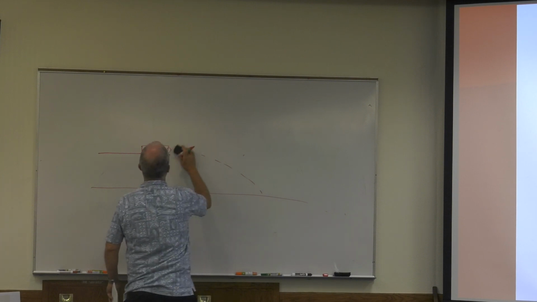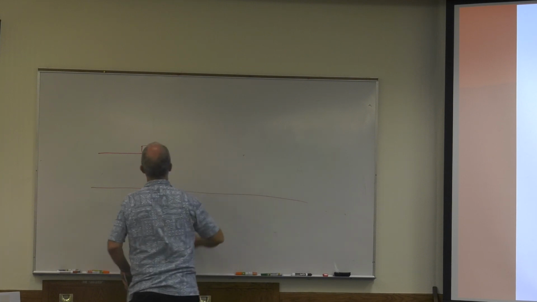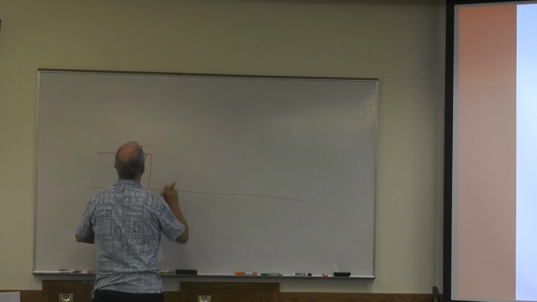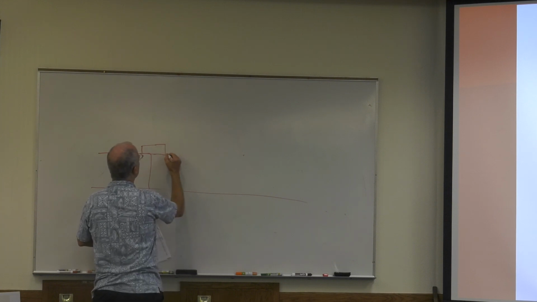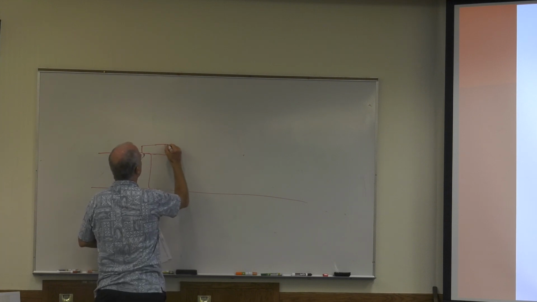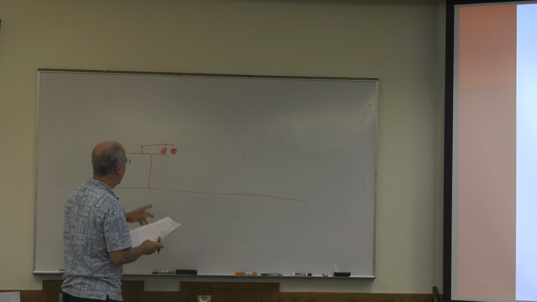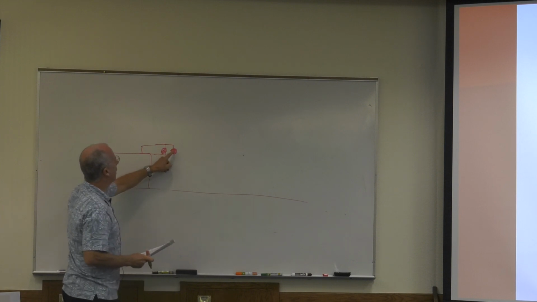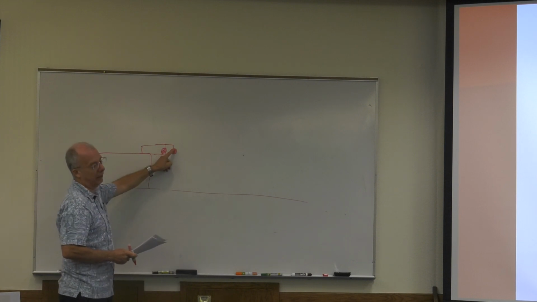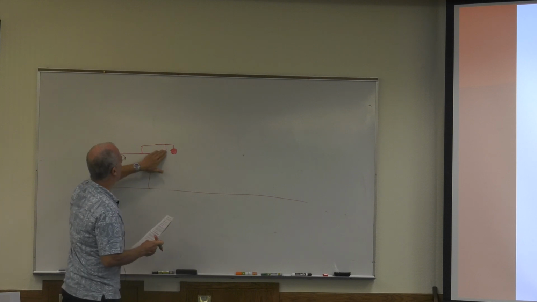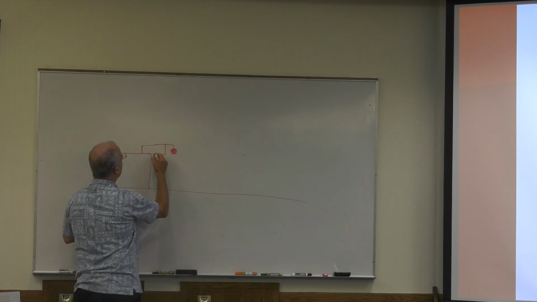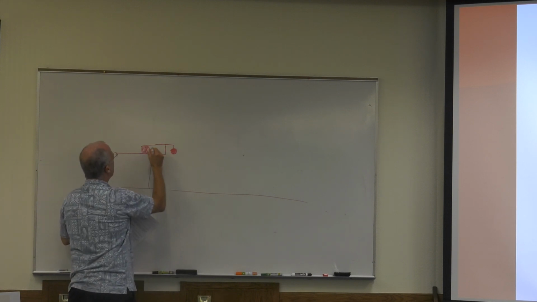Now, what I'm going to do though, I'm going to have a little attachment. So here's a little attachment. This is a metal ball, so there's a little magnet here. Here's a spring, and there's a ball, right?